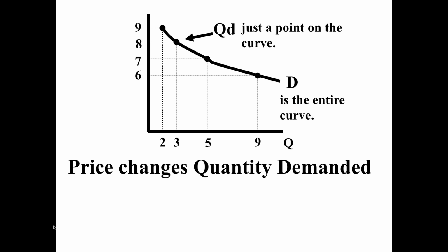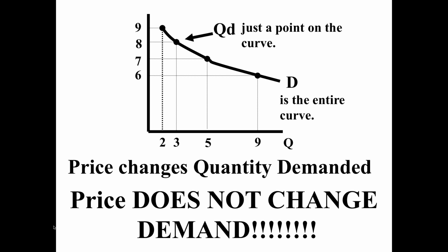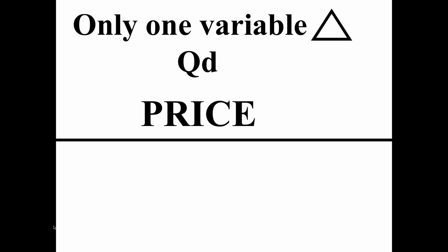So always remember, ladies and gentlemen, price changes quantity demanded. Price does not change demand. Factors other than price change demand. Only one variable will change quantity demanded. That variable is price, and as price changes, you're moving along from point to point on that demand curve.